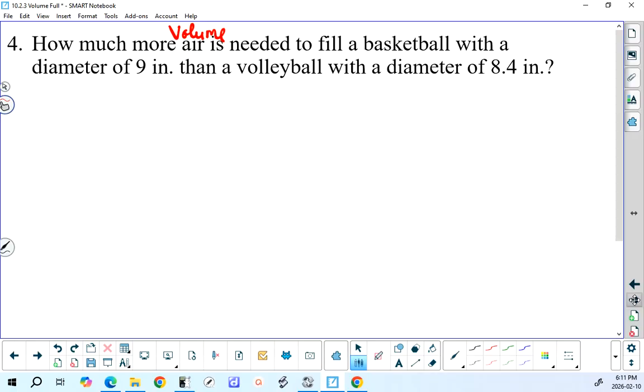Well, first of all, let's just talk about radii, which is plural of radius. We're going to need to use a radius, which is half of the diameter. So for the basketball, half of 9 is 4.5. For the volleyball, half of 8.4 is 4.2.